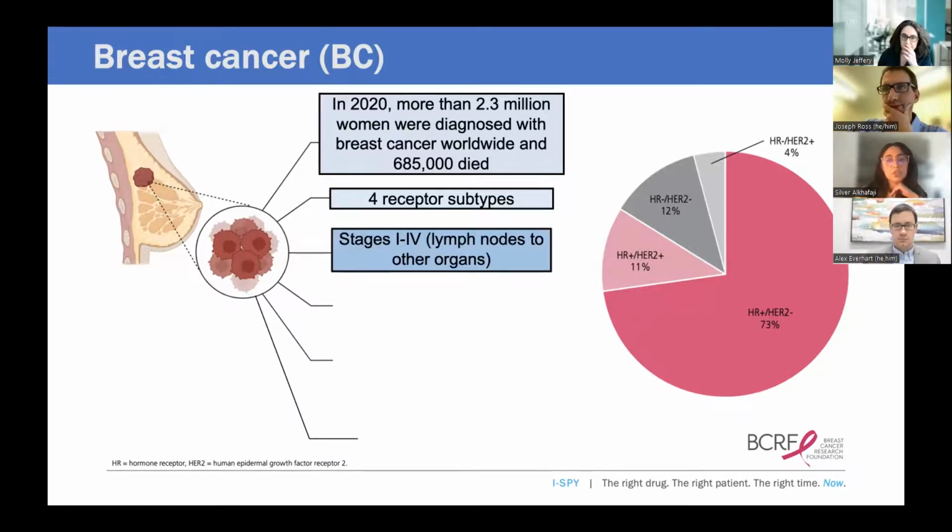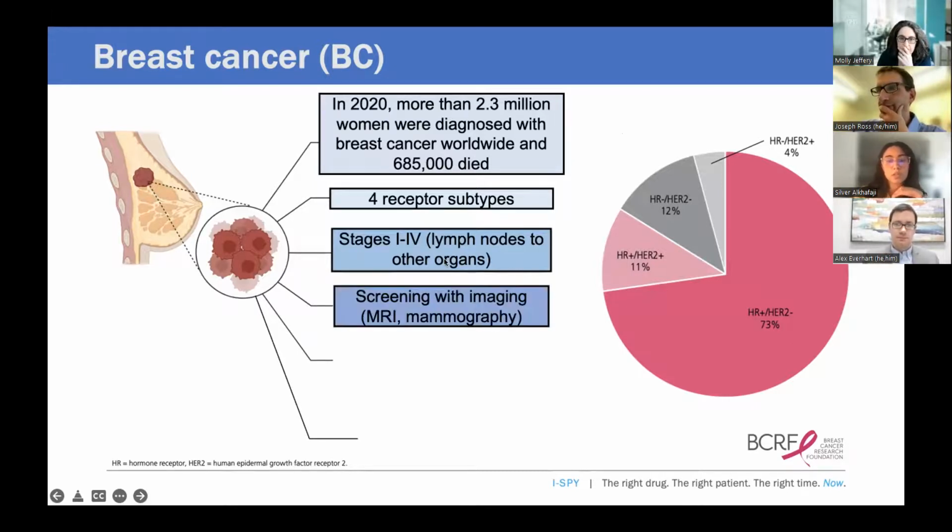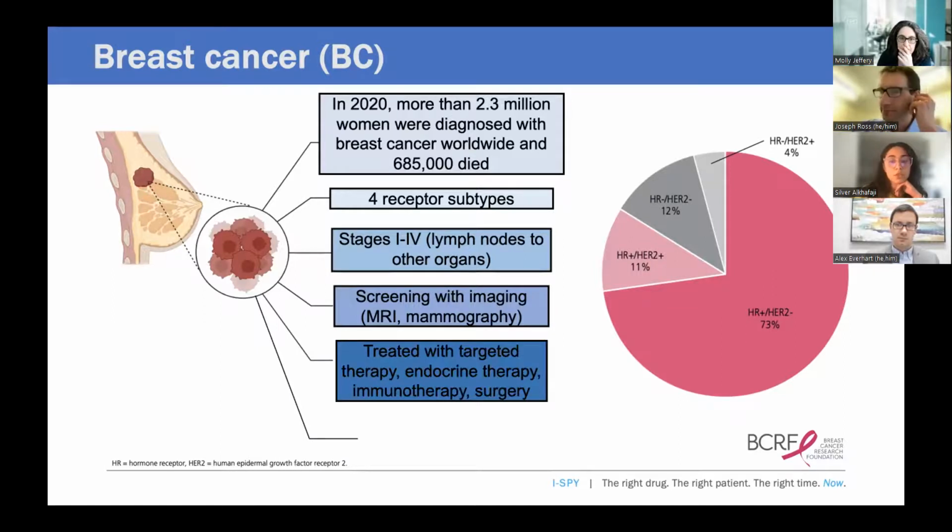The stages differ depending on its spread to the lymph nodes or other organs. It's screened with multiple imaging techniques like MRI and mammography, and treated with targeted therapies, endocrine therapy, which will be my focus, and other immunotherapy as well as surgery.